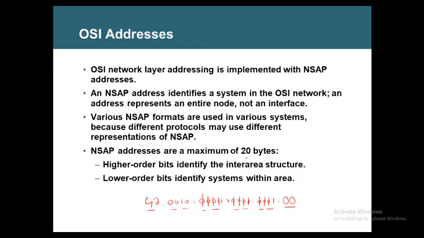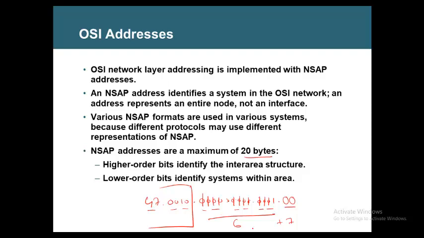But you can go up to 20 bytes. In that 20 bytes, 6 plus 1, 7 you leave for system ID and N selector. The rest are all area. That is why one of you asked me the question, how big can the area ID be? I said it can go up to 13.